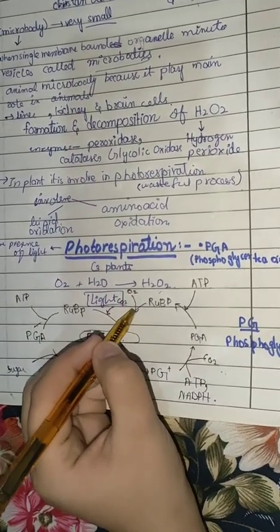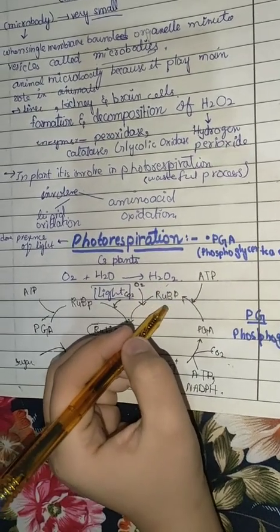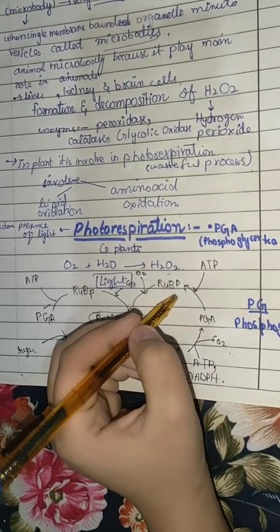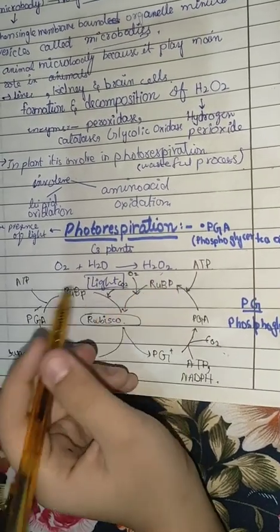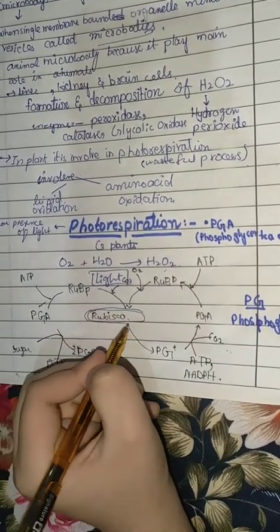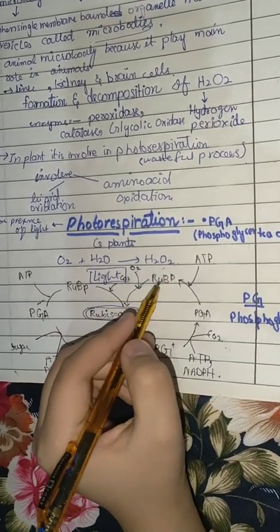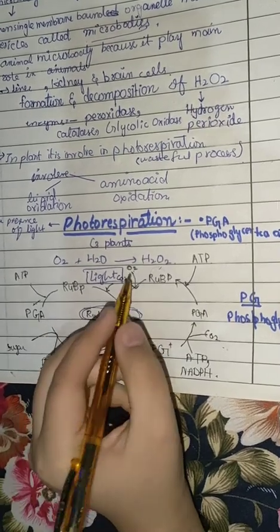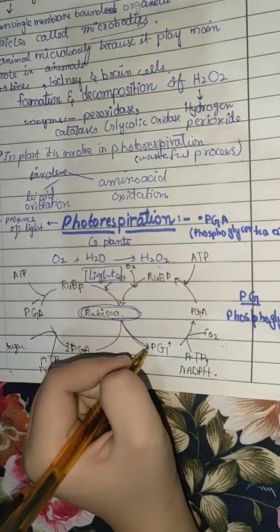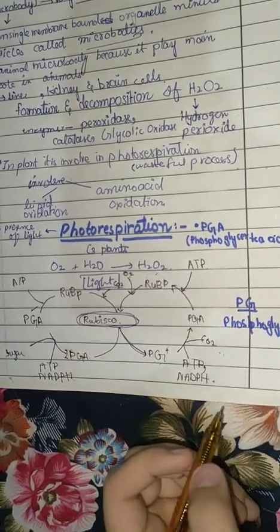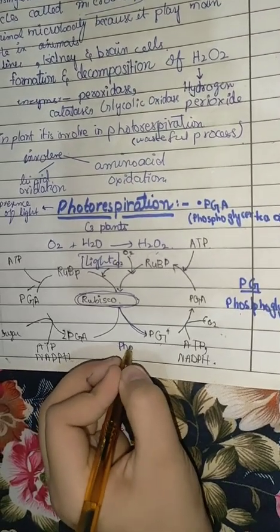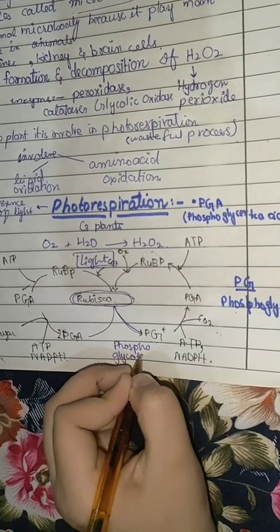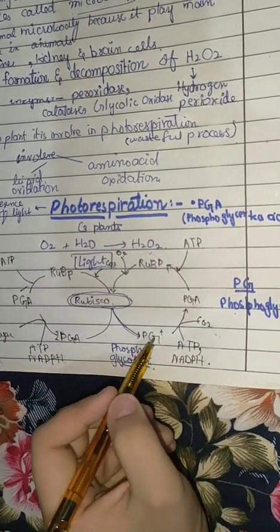Okay, so let me explain this whole diagram. When oxygen is added to RuBP, ribulose bisphosphate, with the help of the enzyme Rubisco, it is converted into PG, which is phosphoglycolate.